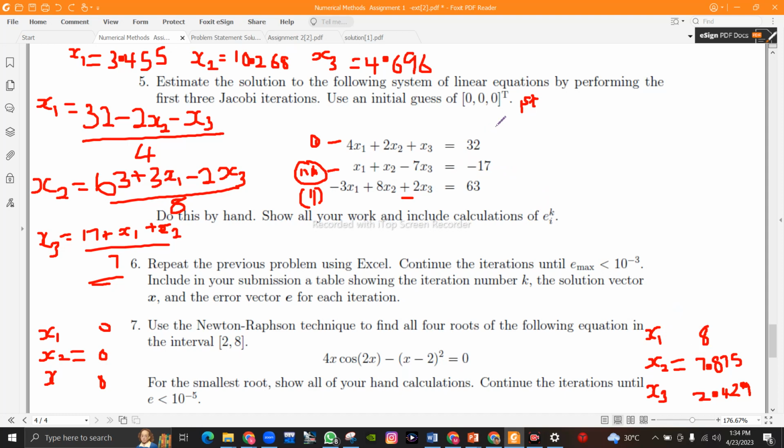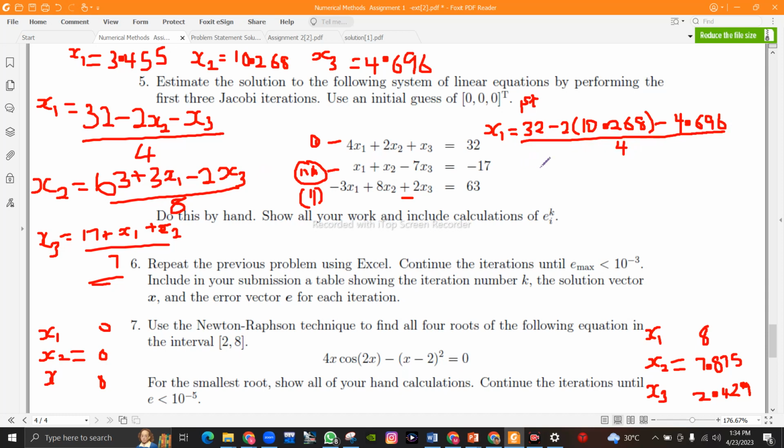So our x1 now will be equal to 32 minus 2 into brackets. What's x2? 10.268 minus x3. What's our x3? 4.696, divided by 4.